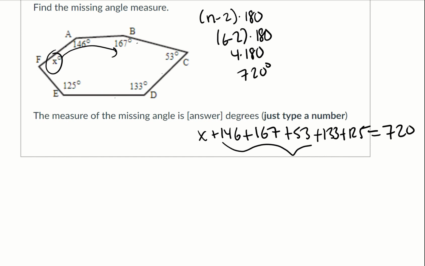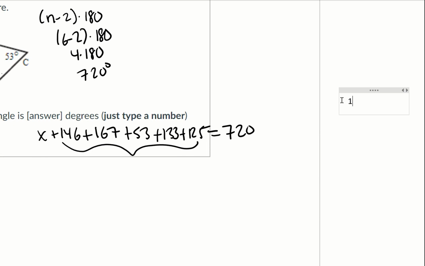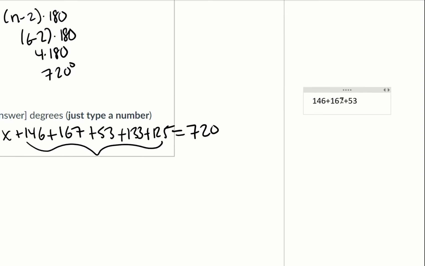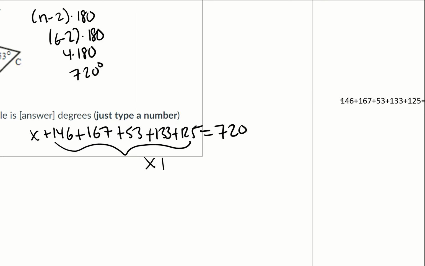Go ahead and add these numbers together, of course, and we'll do this on the calculator just to speed up the time here. And that's going to be 624. So we got x plus 624 equals 720. We'll go ahead and subtract 624 on both sides now.